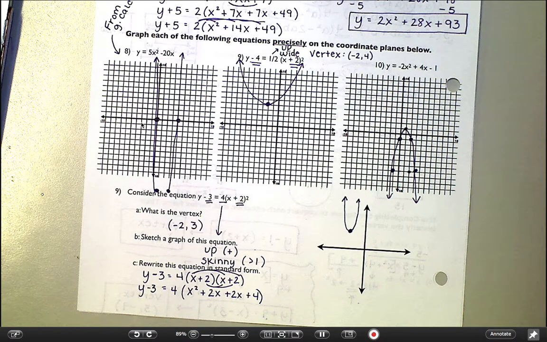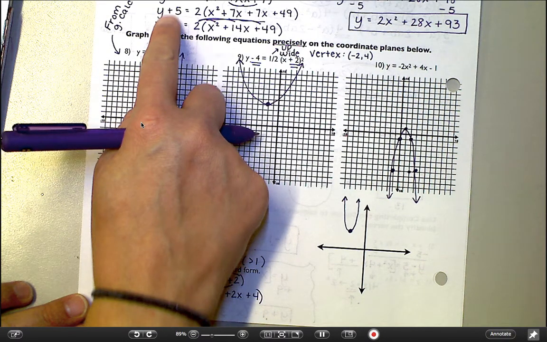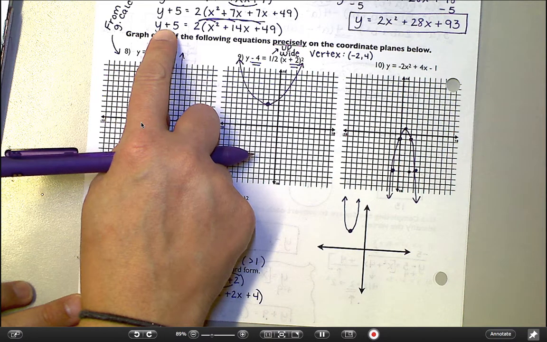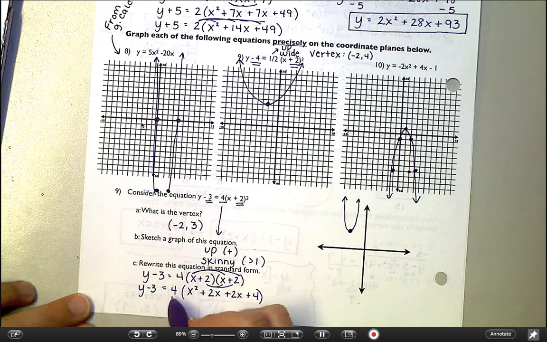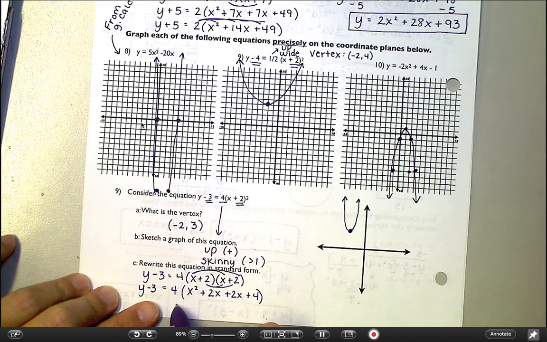I'm going to jump a step here. If you're confused about the step I'm about to do, look back up at the second set of steps that I did in this one. I'm going to distribute this 4 and combine my middle terms at the same time. I know right away 4 times x squared would be 4x squared. This would give me a 4x, and then I multiply it by the 4, so I get a 16x.